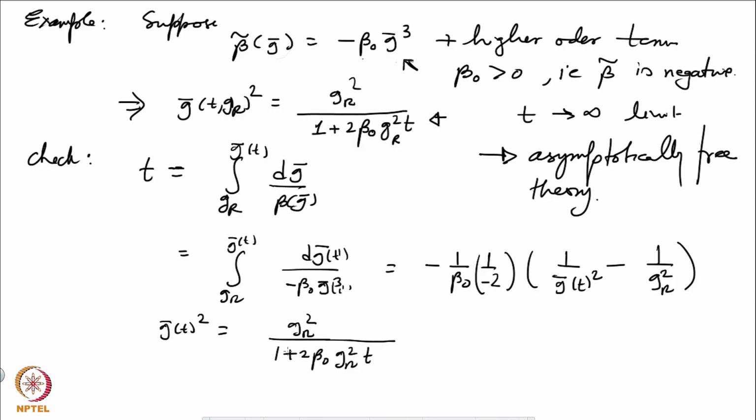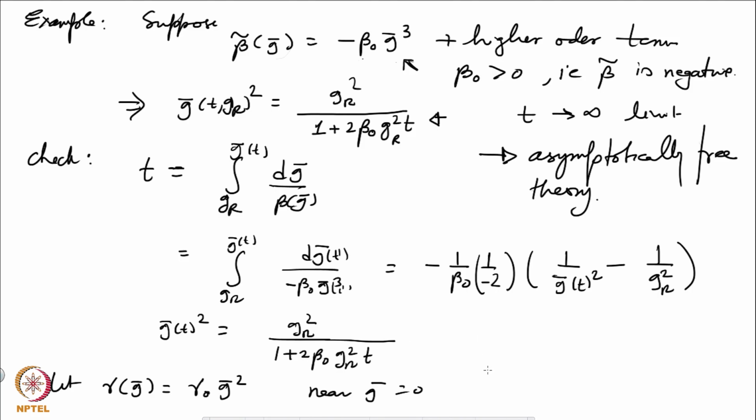Let us also assume, and that is an assumption I have made, that I am looking at a theory in which the beta function is negative and given by this, and also let the gamma function be gamma naught times g bar square, near g bar equal to 0. That is the fixed point. So close to the fixed point, meaning g bar is very small, I am dropping the higher order terms, and the gamma function is gamma naught, some constant, times g bar square.